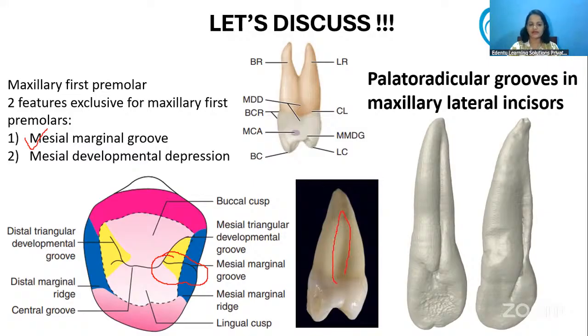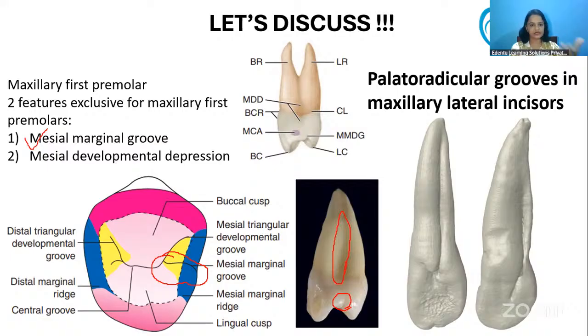This developmental depression is also a characteristic feature of the maxillary first premolar only. That is called the mesial developmental depression. Where this mesial marginal groove extends, at that side itself you will be able to see a mesial developmental depression like this. These two are the main characteristic features of the maxillary first premolar.